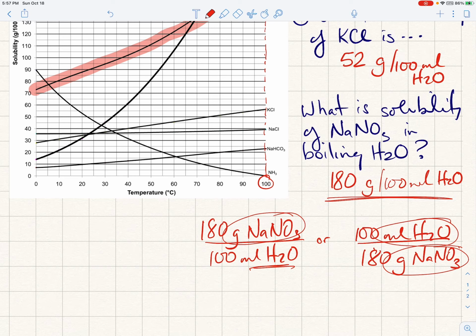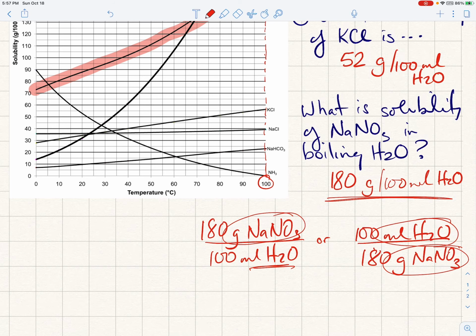So either way, given the mass of the salt, you could find the volume of water needed to dissolve it at some temperature. Given the volume of water, you could find the mass of salt needed to make a saturated solution, the amount of salt that could dissolve in that water at that temperature.